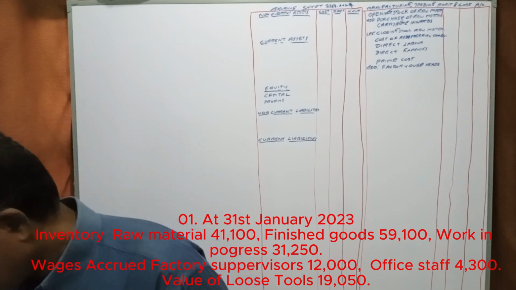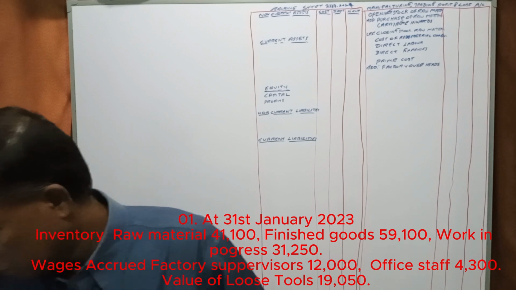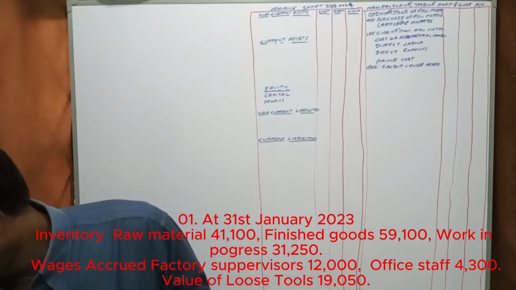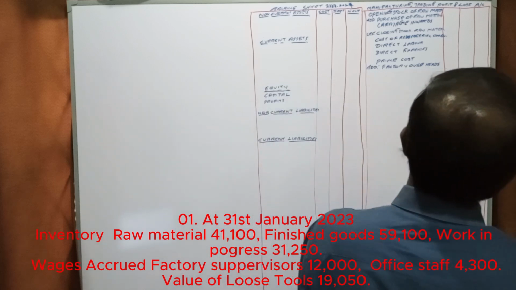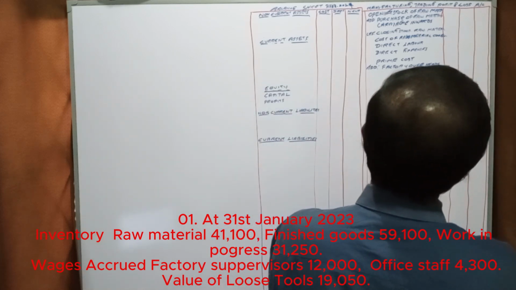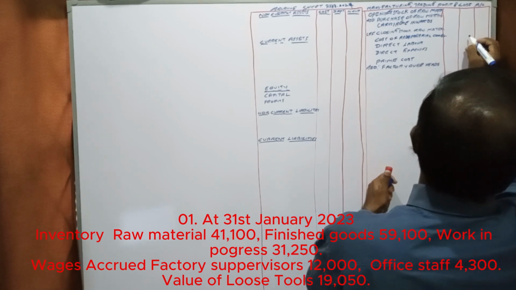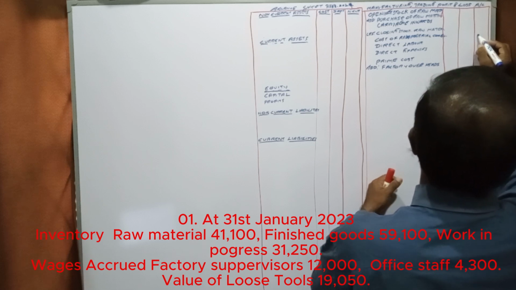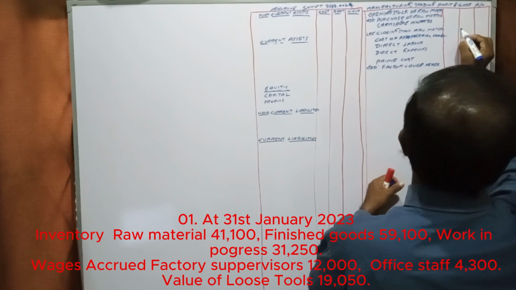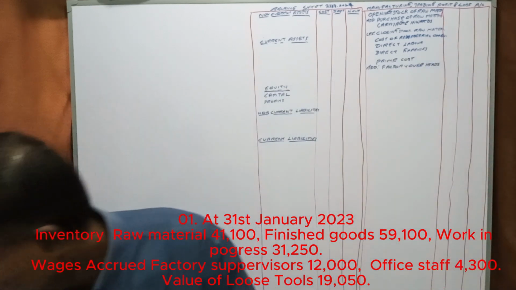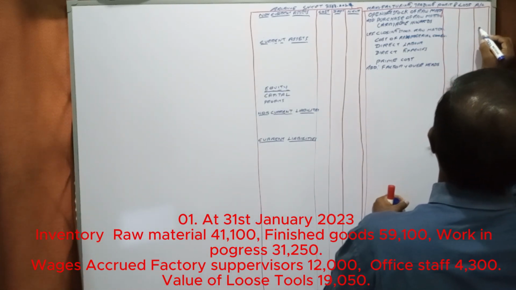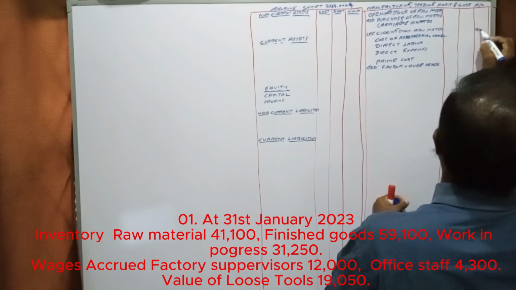Now the closing raw materials. We can enter that under inventory, closing raw materials, purchase of materials. The closing raw materials are 41,100.